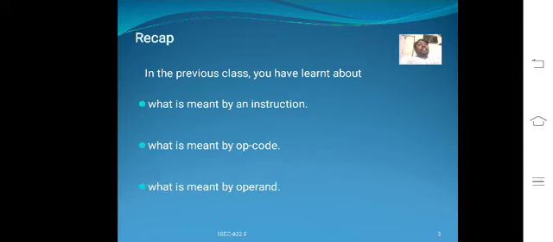An instruction is a command used to execute an application or operate a function in a microcontroller. A set of instructions is a program. The opcode and operand discussion was also completed in the previous class.